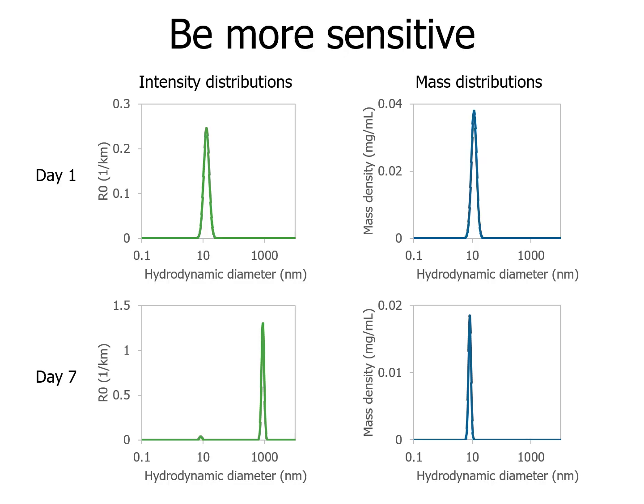But after 7 days of storage at 4 degrees Celsius, I can see aggregation present in the sample at 1,000 nanometers diameter. Even though it's a low amount of mass, it is present there, and I need to be aware that this sample is one that can aggregate.